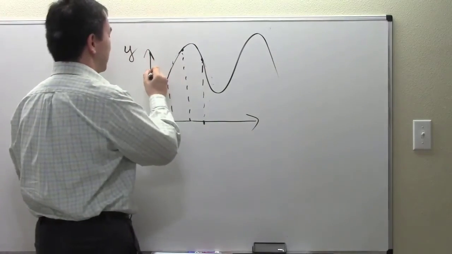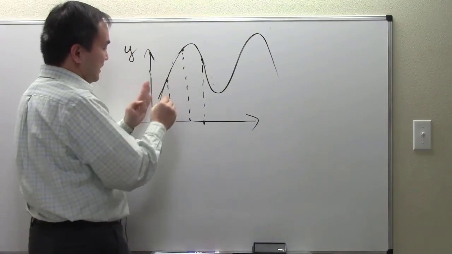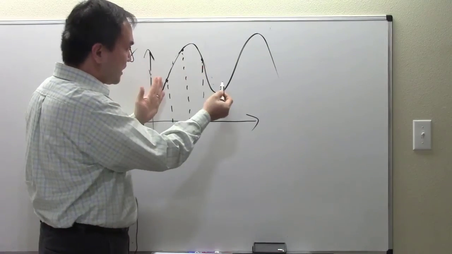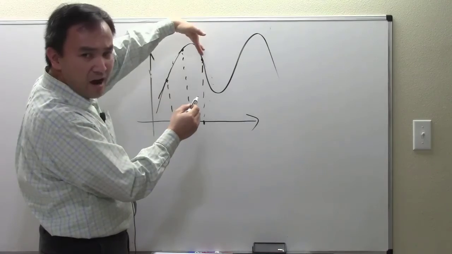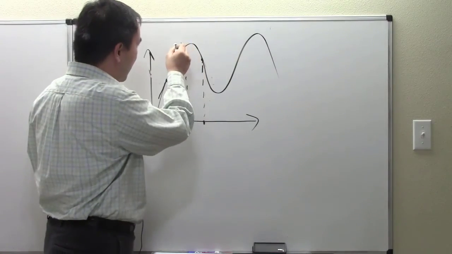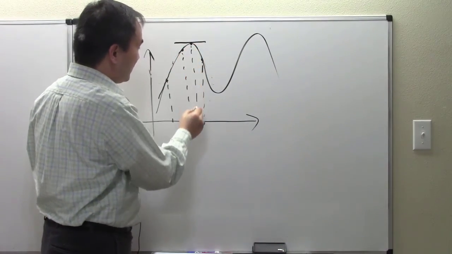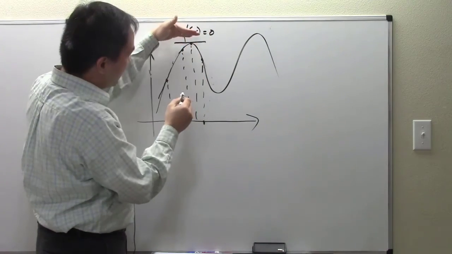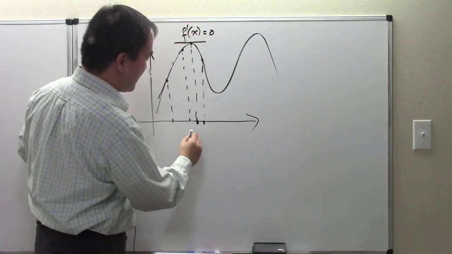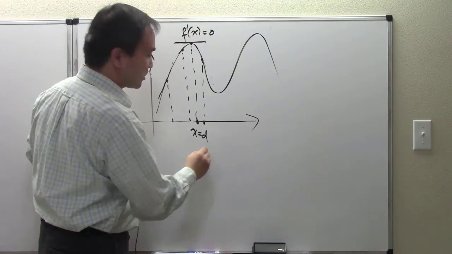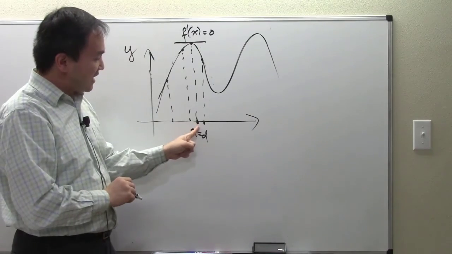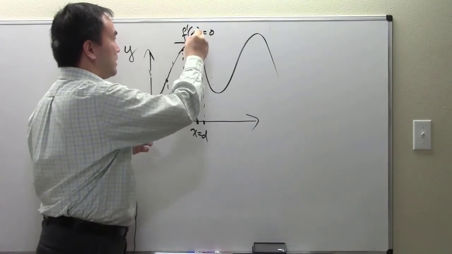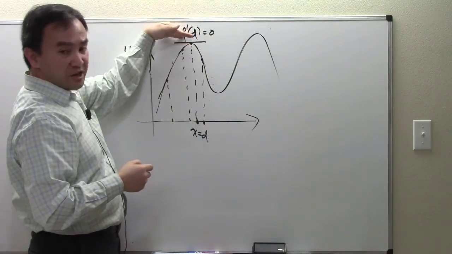But in a graph like this, we were having positive rate of change, and it makes sense that before we can get down and turn to a negative rate of change, there has to be an instance where our rate of change is exactly 0. So let's say maybe it's an instance x equals d, for example. Right at that instance x equals d, I'm going to label that, our rate, the slope of the tangent line, has to be 0.